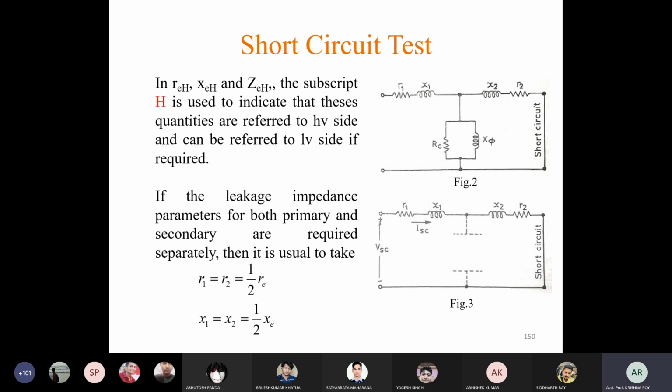We are assuming that the winding resistances are equal and the leakage reactances are also equal. So we can simply divide RE by 2 to get R1 and R2, and XE by 2 to get X1 and X2. Okay, clear? Yes, sir.